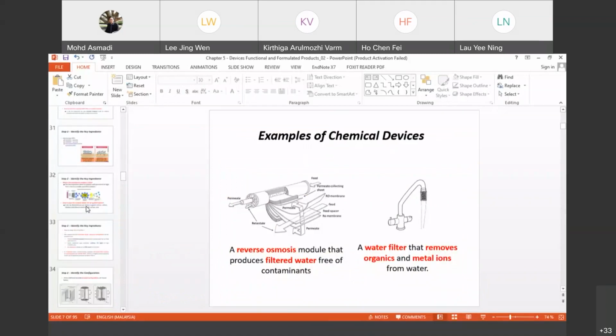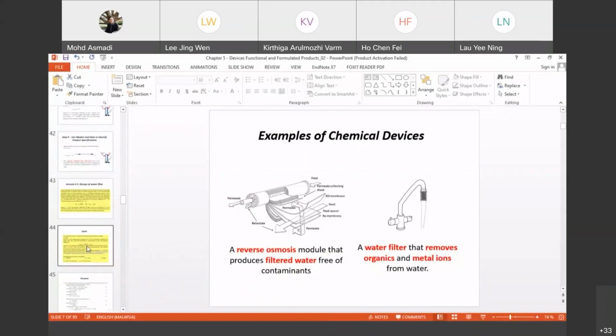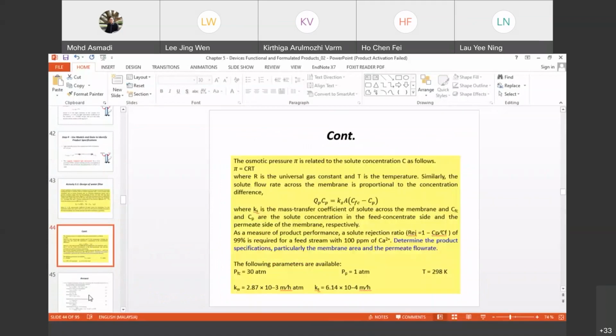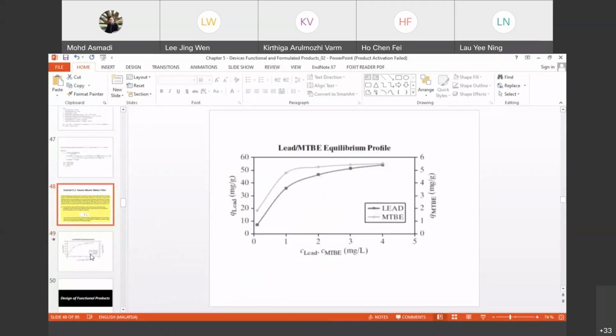Then you have to discuss with your group. I'm still not finished with this one actually. You have to do the kinetics as well as the product specification. So you do this in your group, design, and discuss.